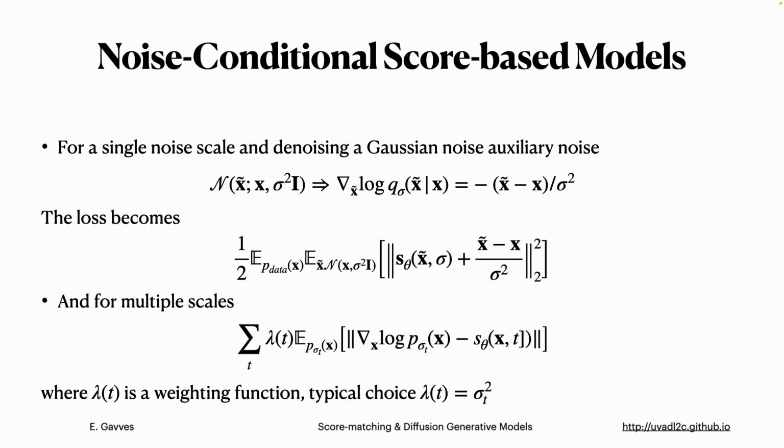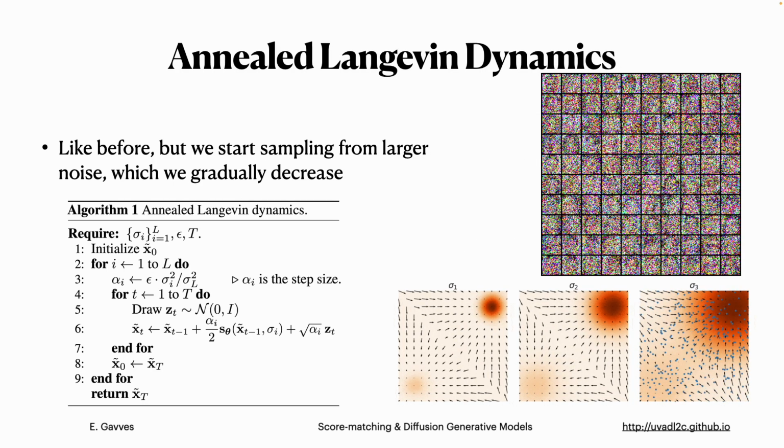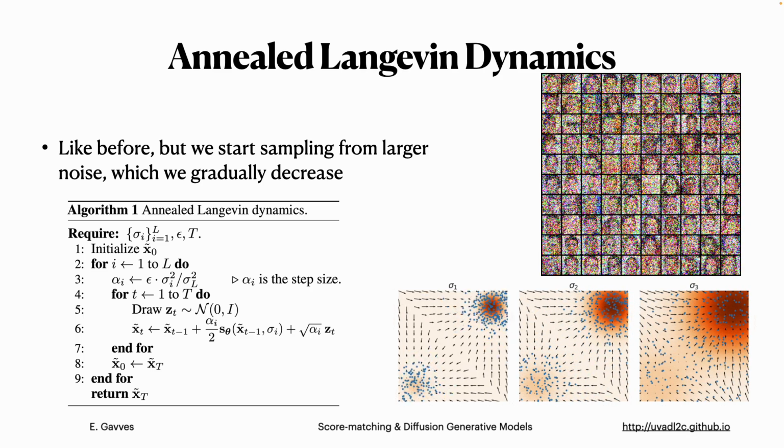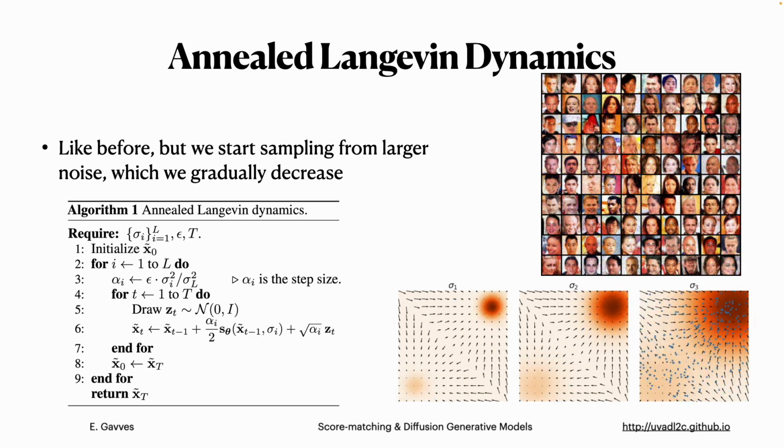If you have multiple scales, you just have to sum over multiple scales with a scaling parameter lambda that says how much each noise scale should be weighted. And like before, with Langevin dynamics, we start from sampling with larger noise that we gradually decrease.